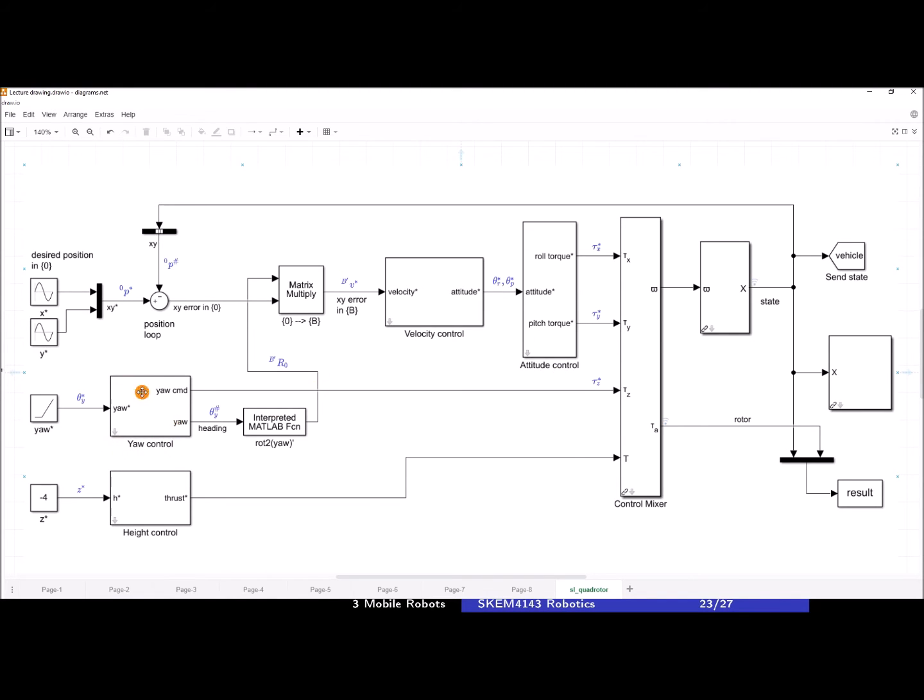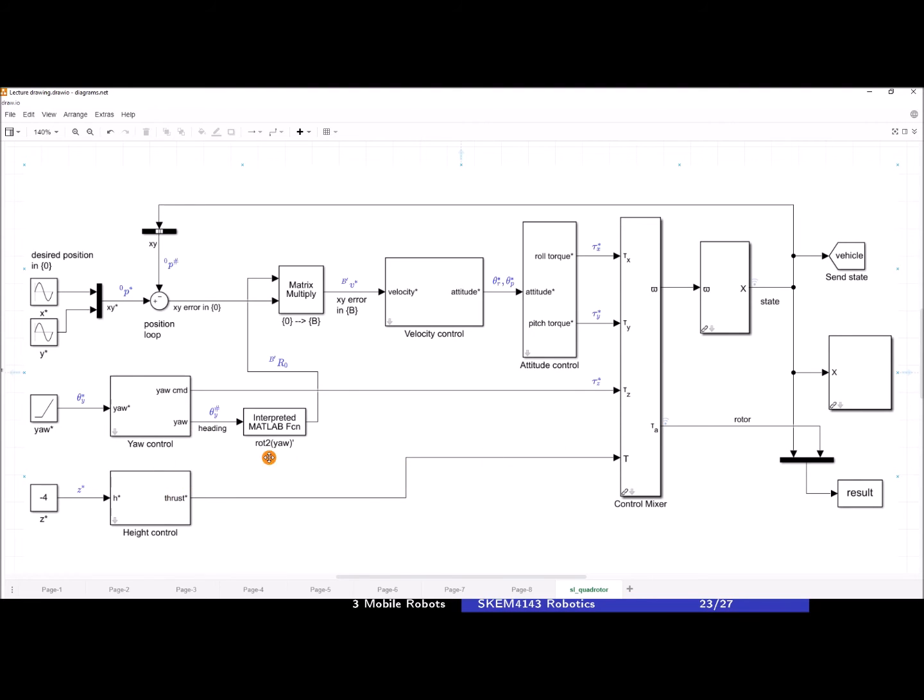This is the yaw control, which means this attitude controller specifically controls the roll and pitch angle. Roll here refers to the angle about the x-axis, pitch is the angle about the y-axis, and yaw is the angle about the z-axis. We also have height control.